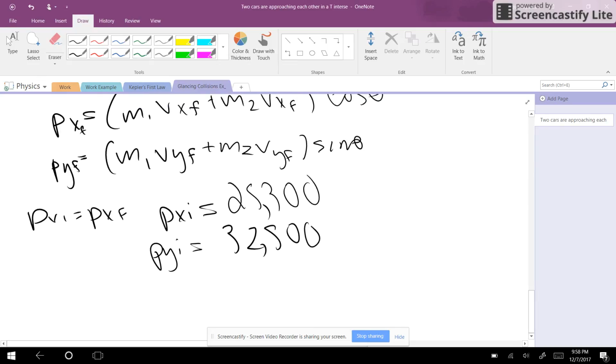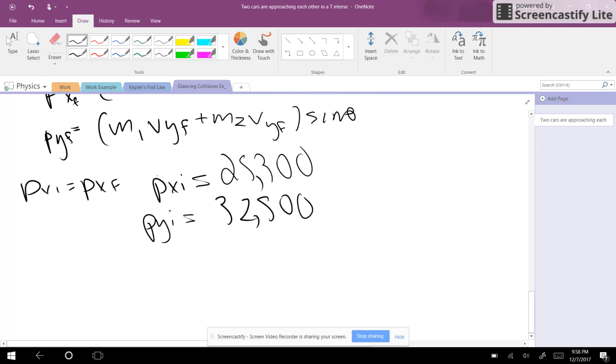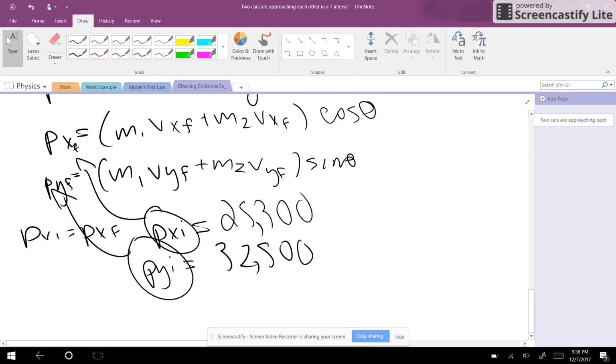So from this information, we know our masses, we know our angle. Now we can just plug in stuff. So my pxi will go into my pxf, my py will go over here.